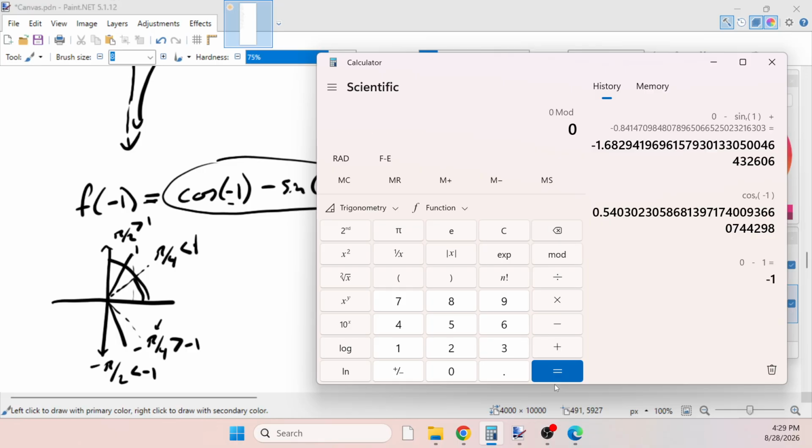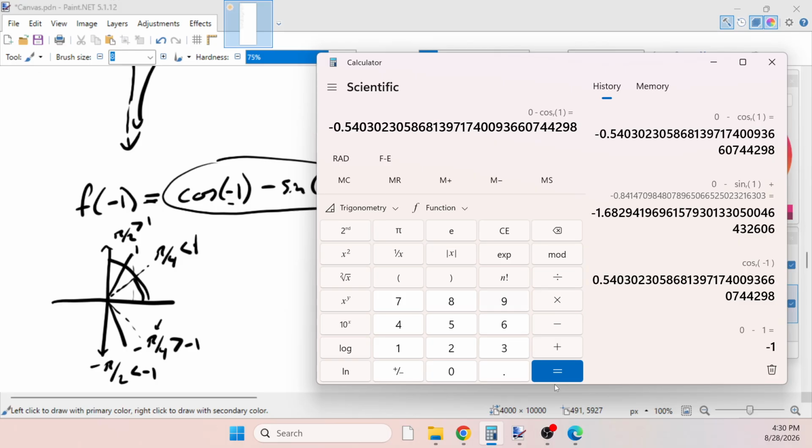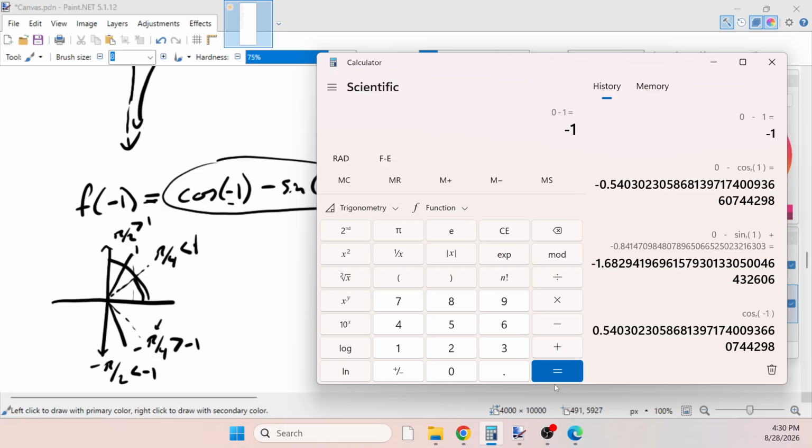Let's try doing this again. So we have negative 1 and we plug it into cosine. We get this value. We take negative 1 and we plug it into sine and we get this value. We're going to subtract that off, so that's going to flip signs.